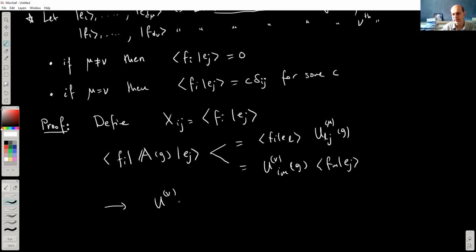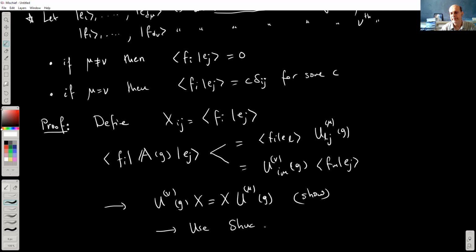I'm not going to show this, but I'm going to ask you to show that this matrix satisfies that property, and then we use Schur's lemmas.